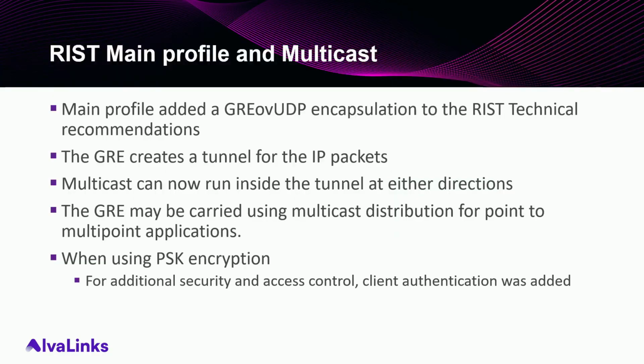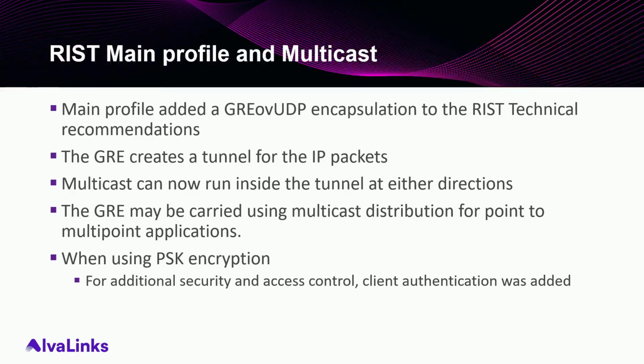Now we are going to the RIST main profile and multicast. The RIST main profile basically gives us the ability to create a tunnel, a GRE over UDP tunnel, that encapsulates the simple profile that we saw before. Now we can move multicast inside the unicast flow from one point to others.